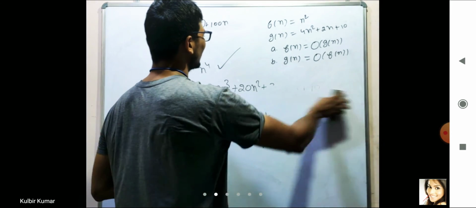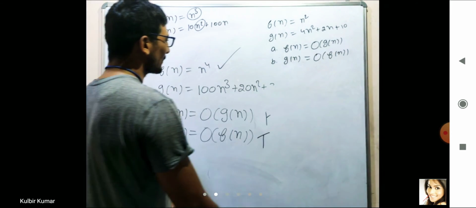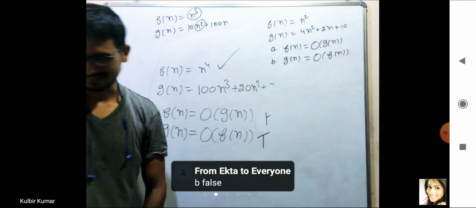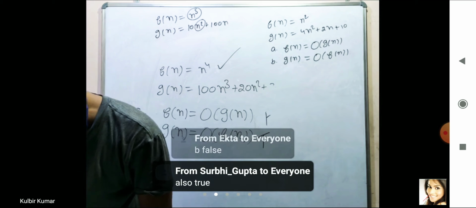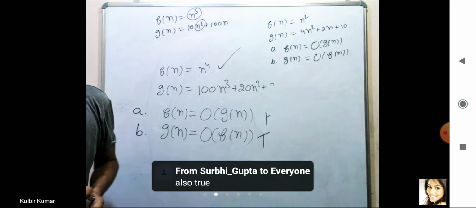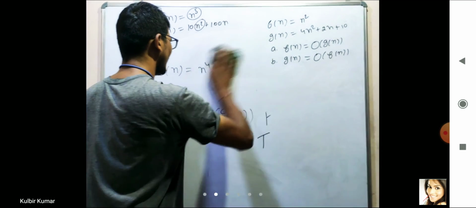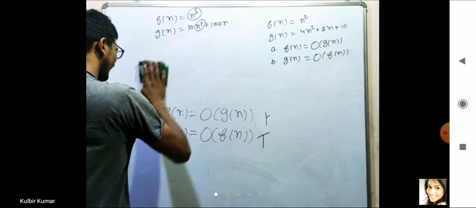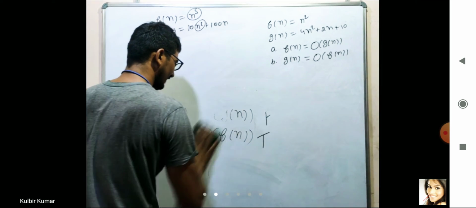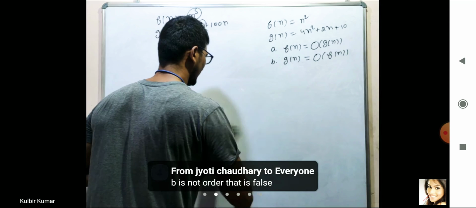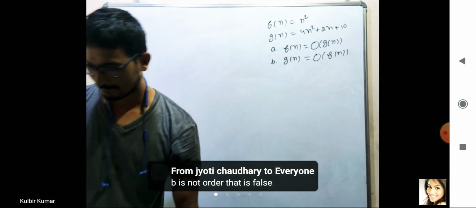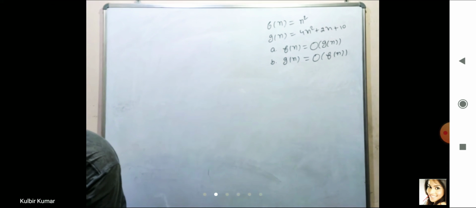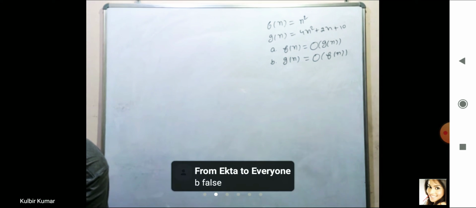If you solved for A is true, then don't be happy. कोई बड़ा तीर नहीं मार दिया. Fine. Okay, also true. Okay, so that means B is not order, that is false. B is false.